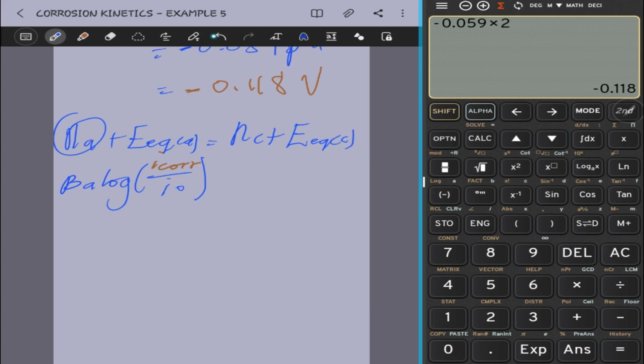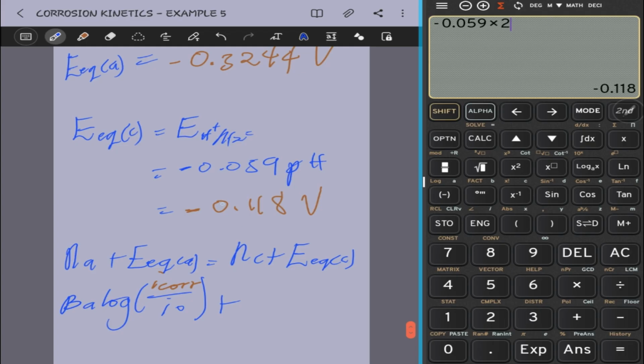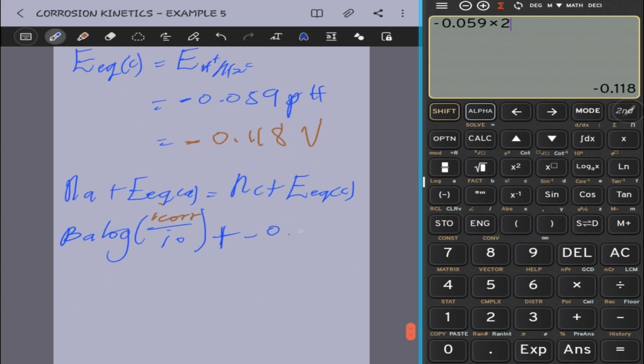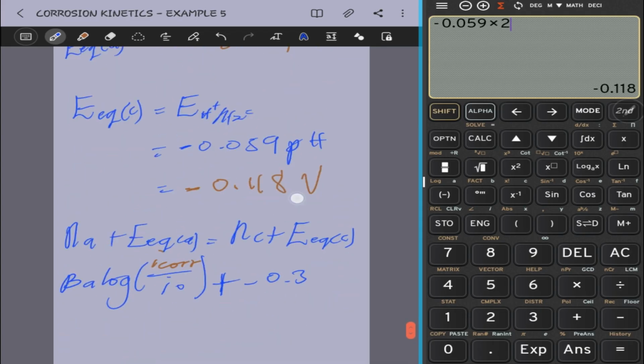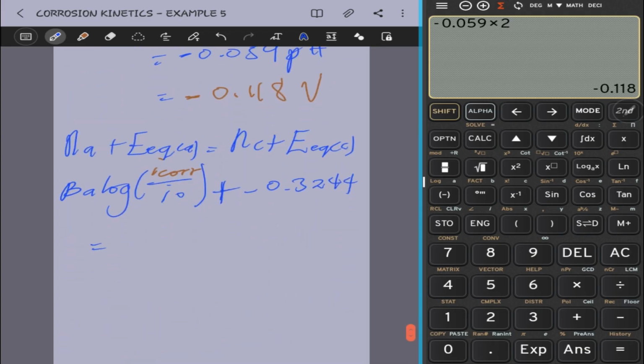That's for this side. And then the equilibrium, we found that already for the anodic, that's minus 0.3244, and we equate it to that of the cathodic.